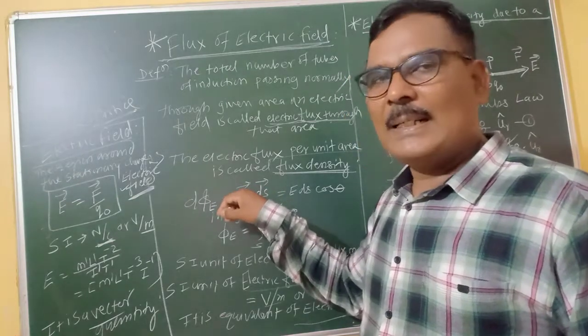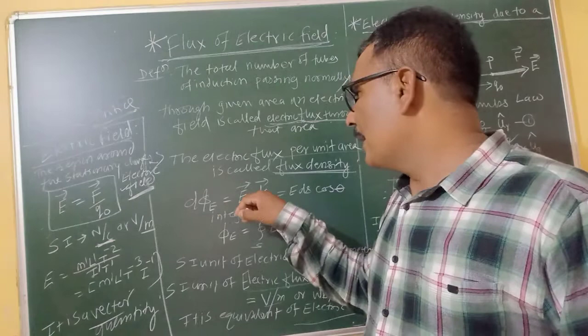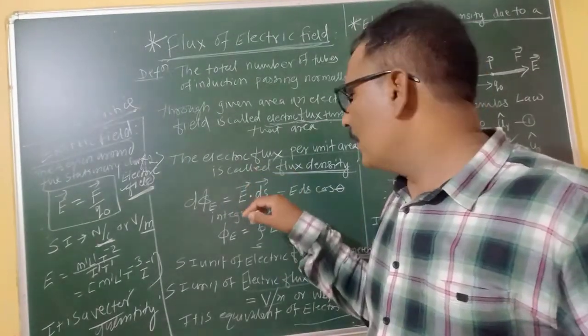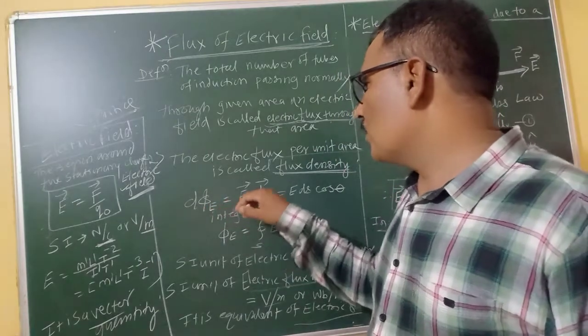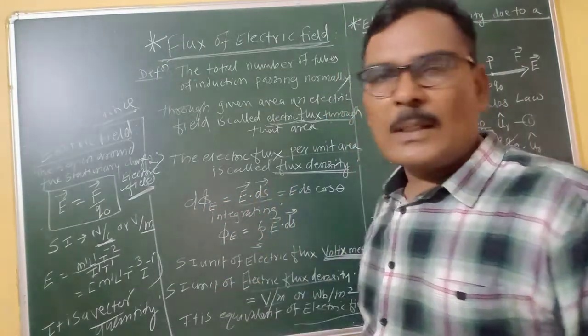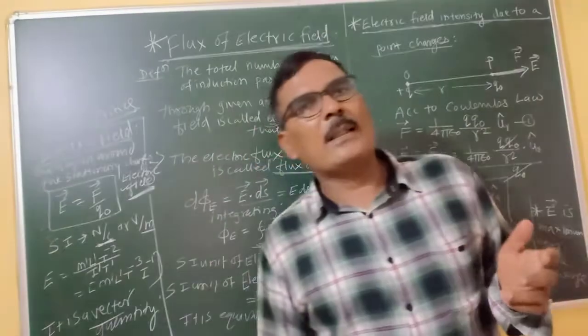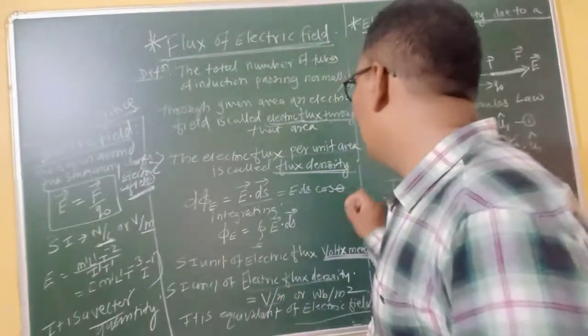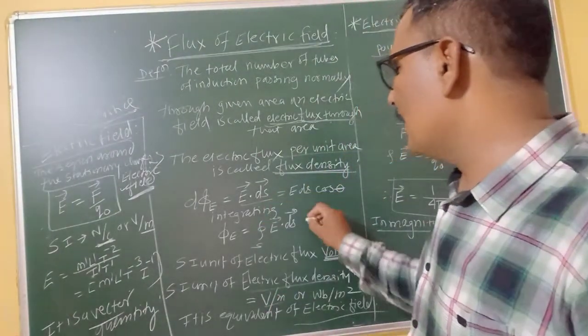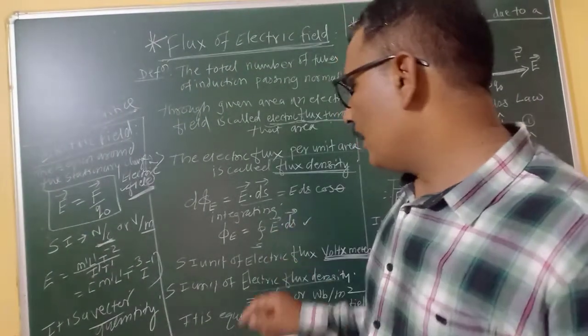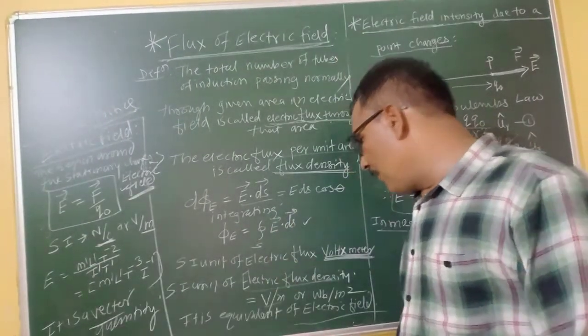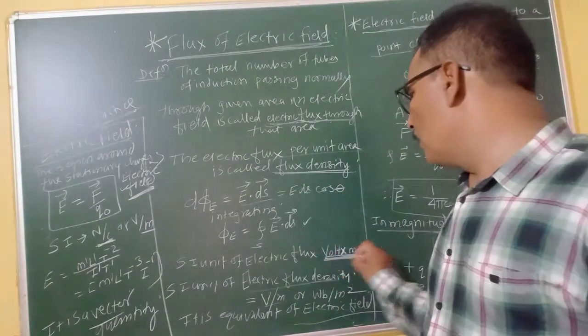B is the magnetic induction, E is the electric field intensity, and in place of A comes the surface area ds bar. Here dot product is there, and the dot product of two vectors is E ds cos theta. Then integrating this equation gives phi equals the integration over S of E bar dot ds bar. The SI unit of electric flux is volt meter.